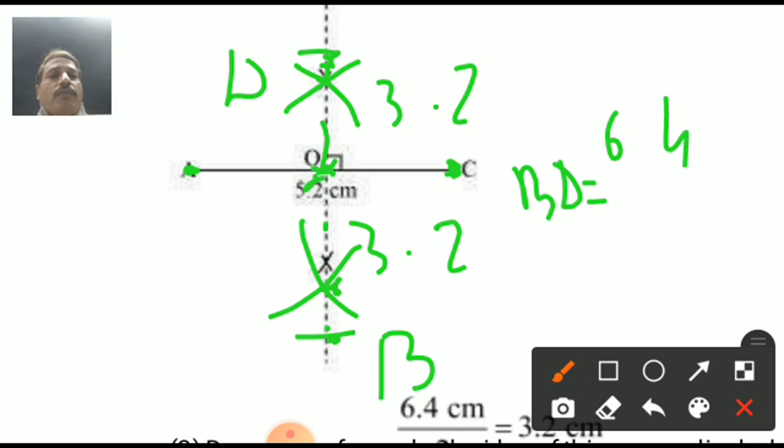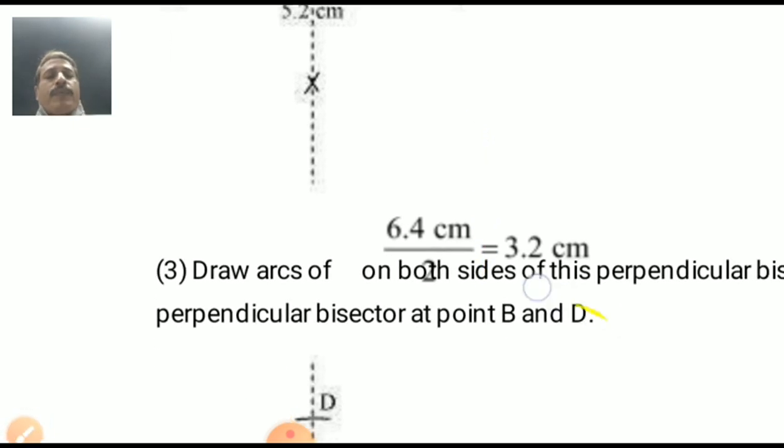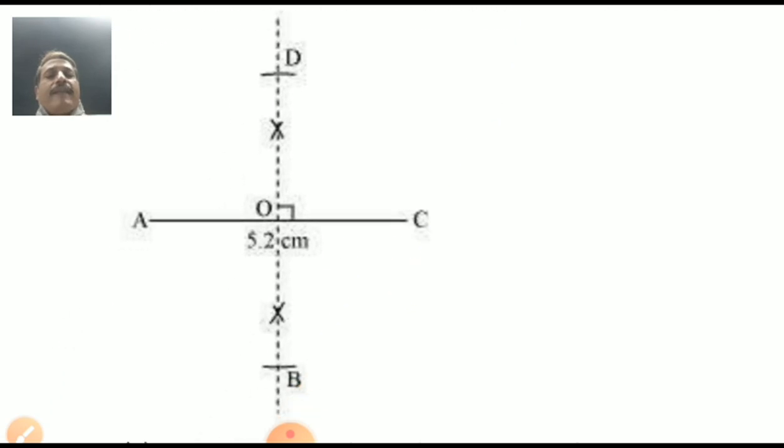That's why from center O I can make an arc from O to D 3.2 and O to B 3.2. Is it clear? Yes. Knowing very well. That's why here I am showing 6.4 divided by 2, which gives me exactly a rhombus ABCD of the given measurement.